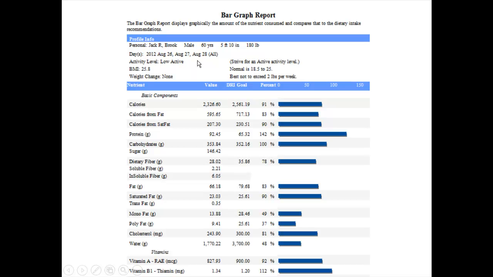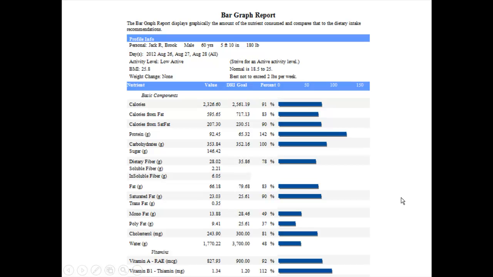So based on your age, your height and weight and sex and activity level and that kind of thing. This DRI goal is going to be set for who you said you were. All right. And so anyway, what we're going to do is compare what you take to the DRI goal in most cases and see how you fit.